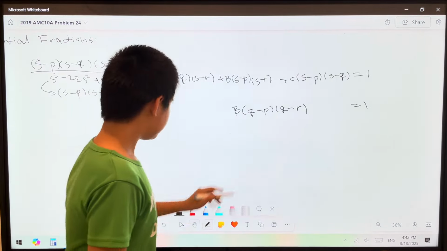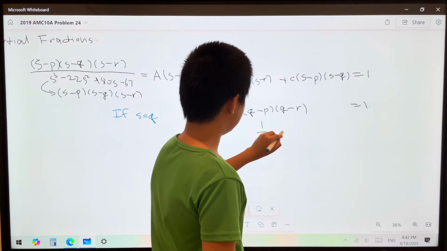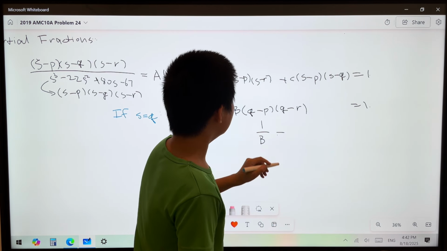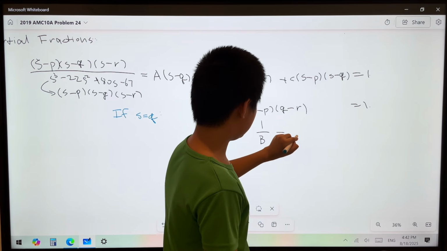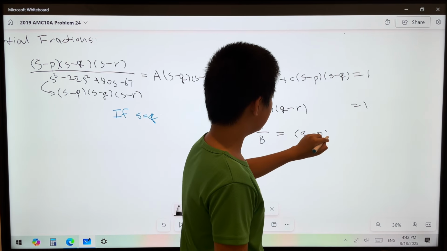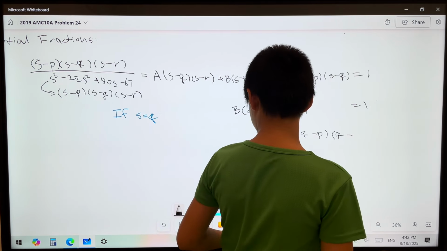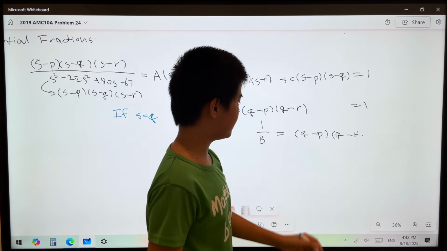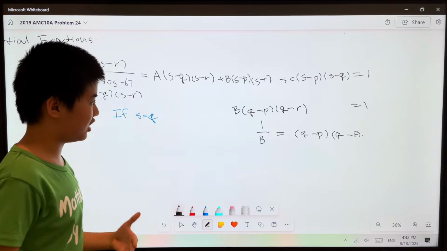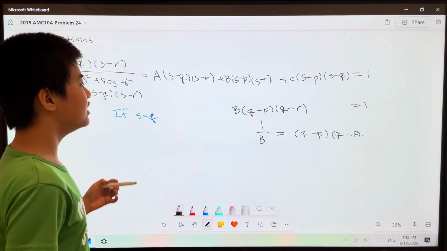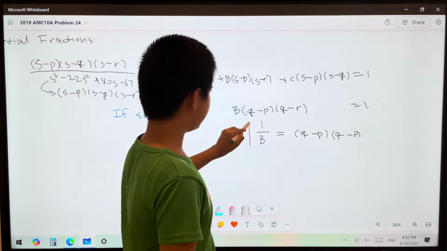So 1 over b equals (q minus p)(q minus r), because you just divide and then flip. Okay, so that's the first piece.